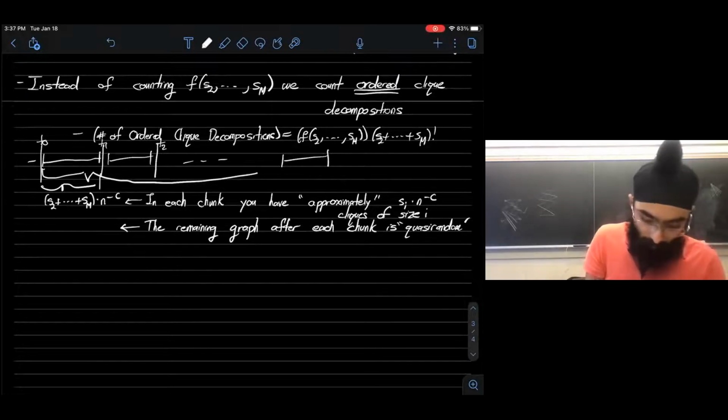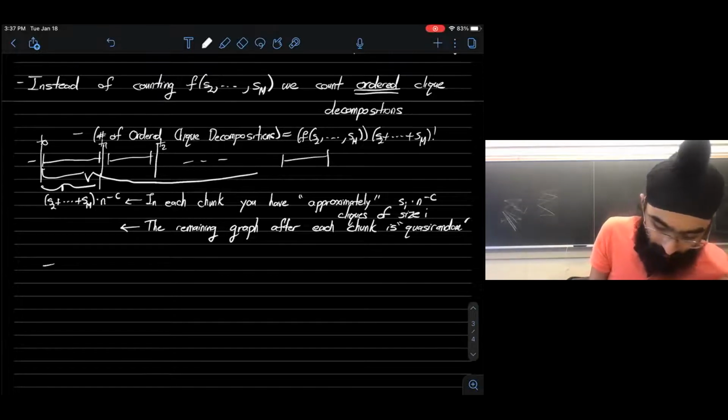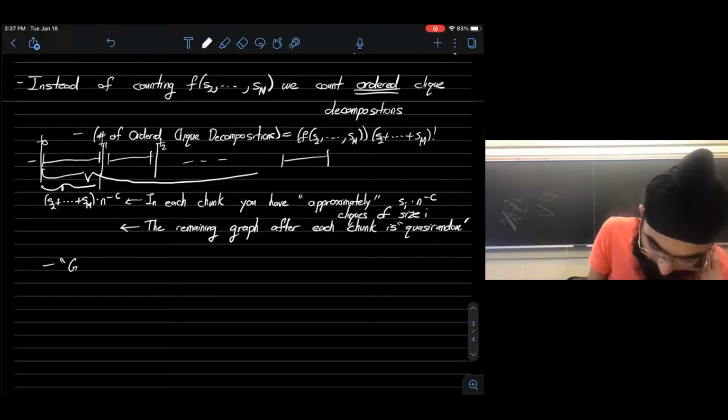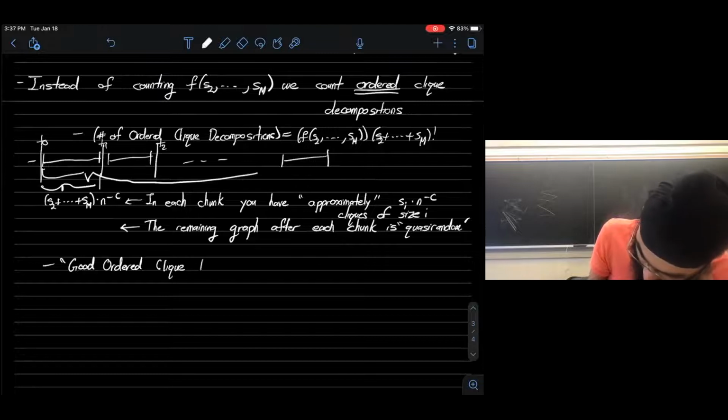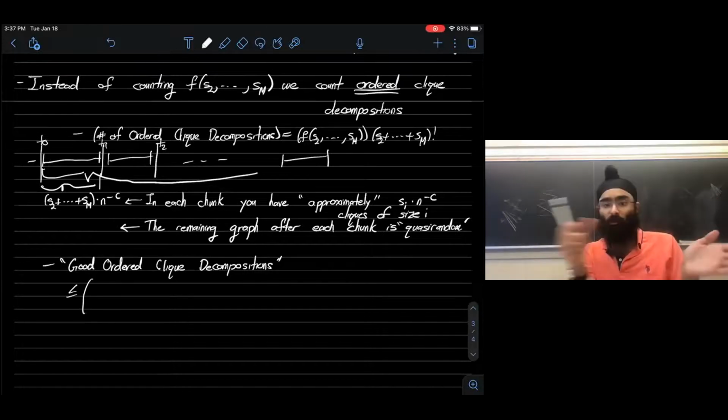And so now, what do I do? First I need to choose the number of ways. So let's upper bound the number. Let's call these good ordered clique decompositions. Well, first I need to figure out how to order the sizes of the cliques in each chunk.